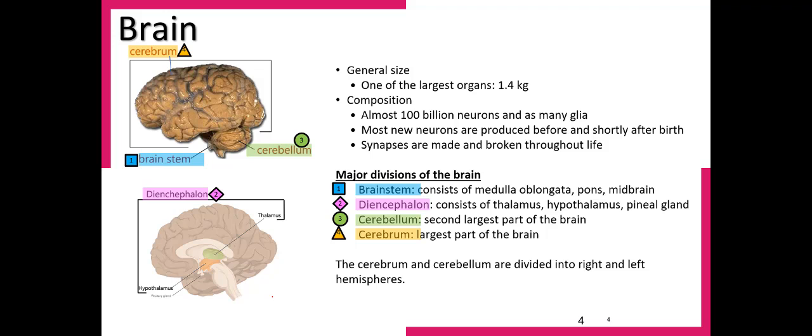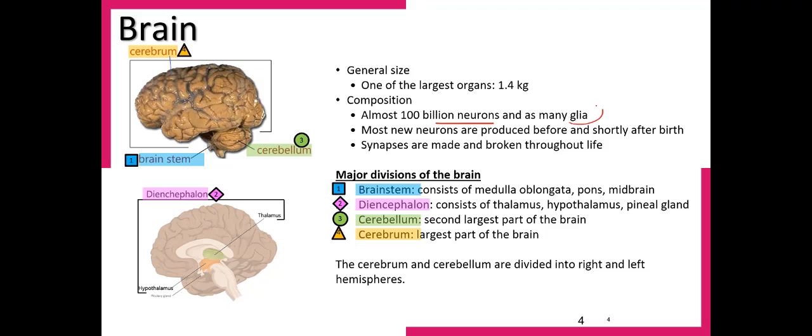Speaking of the brain, this is what the brain looks like. You can see it's a cadaver brain on the top, and then a diagram down the bottom. The brain is one of the largest organs in the body, clocking in at 1.4 kilos. There are 100 billion neurons and as many neuroglia.